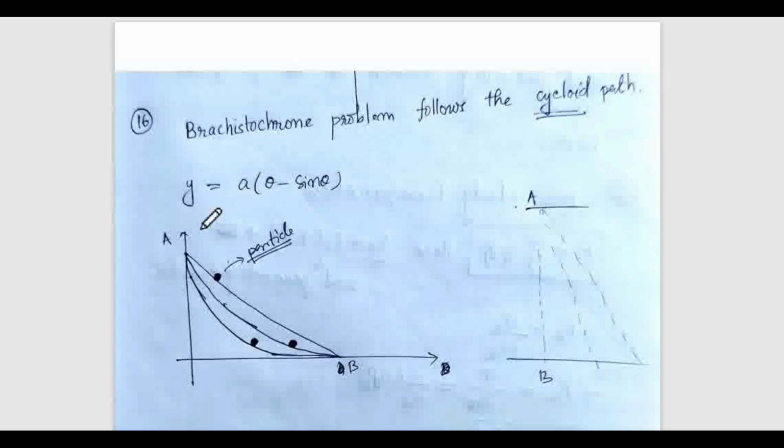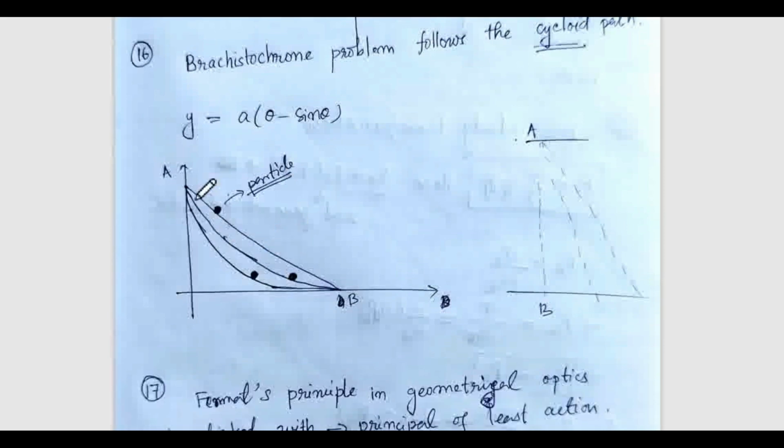The equation of this type of cycloid path is y equal to a into theta minus sine theta. Okay, if you see this graph here, there are three equimassed or identical particles which are all starting from this point a, and they are going to meet at point b.